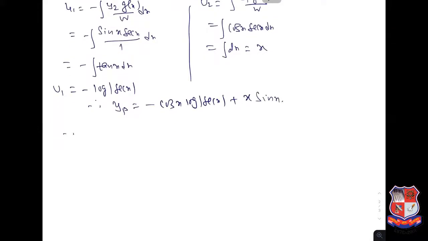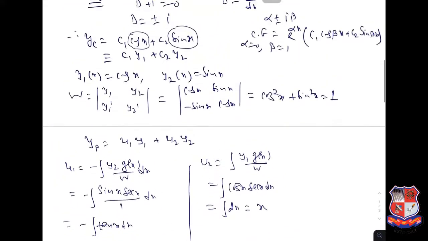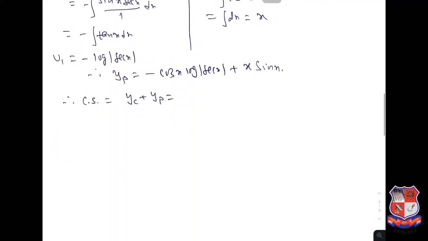And therefore the final answer, the complete solution, is complementary function plus particular integral, and so this is c1 cos x plus c2 sin x.